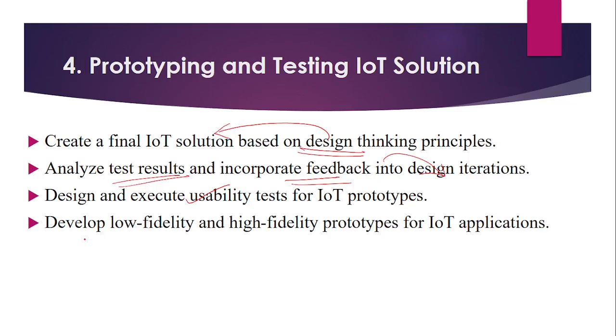The last one is low fidelity and high fidelity prototypes for IoT applications. What is the meaning of, and the differences between, low and high fidelity prototypes? So these are the things you are going to look at in module number 4.